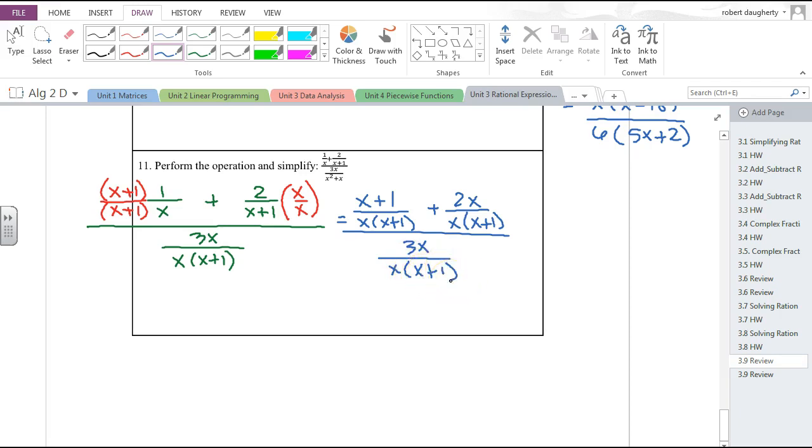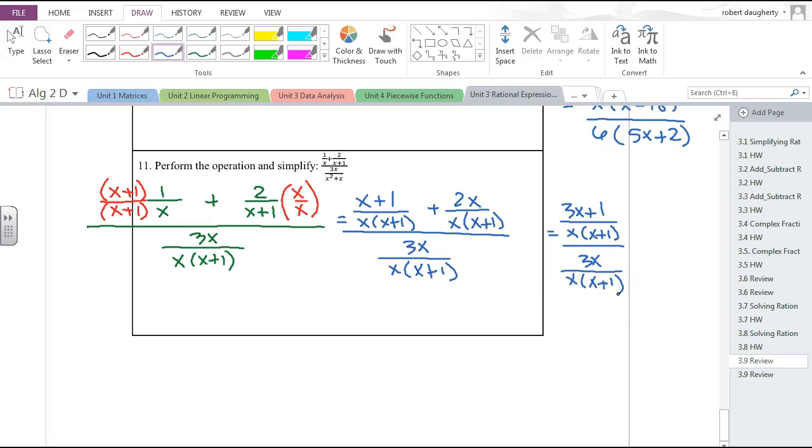So when I add all of this together, I get 3x plus 1 over x plus 1 divided by 3x over x plus 1.